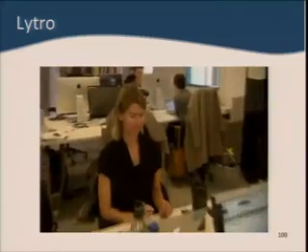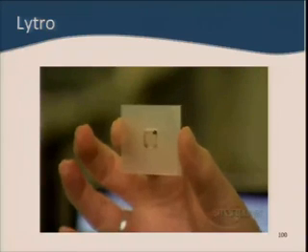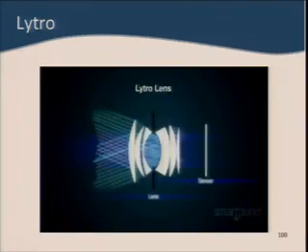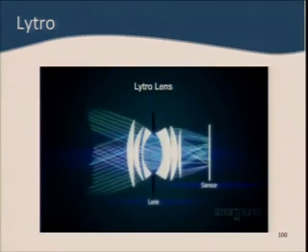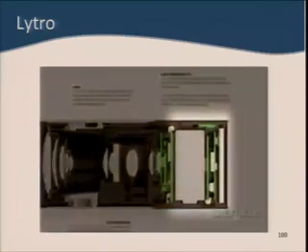Kira Wampler is the VP of Product Management at Lytro. This is the array of very small cameras that allows us to capture the direction of light when it's flowing into the lens. So the light field sensor is what captures these mega rays, or these millions of rays of light, and then it's the light field engine at the back of the camera that processes all of that data.